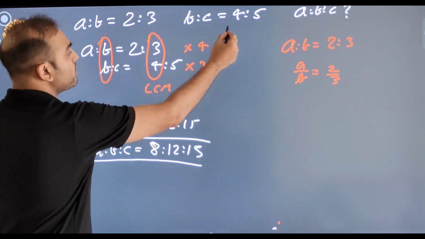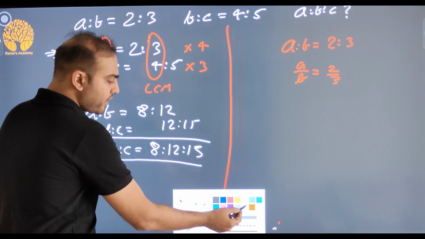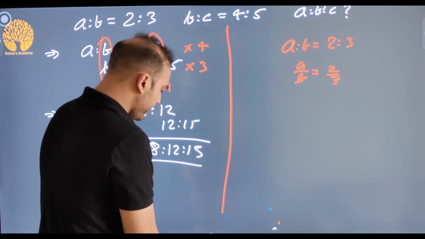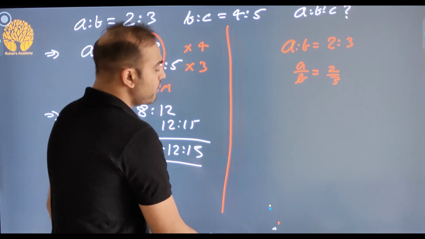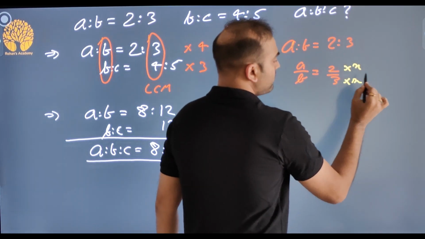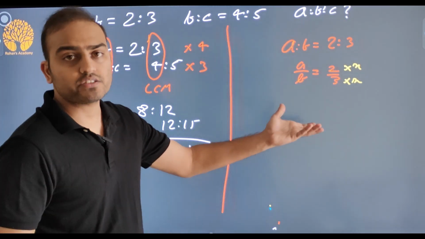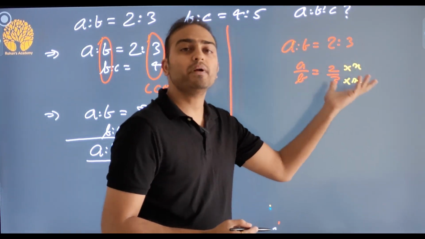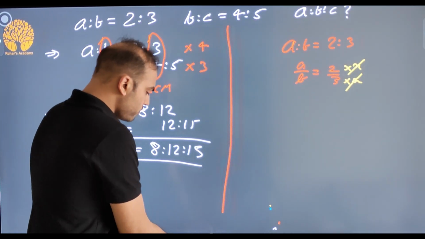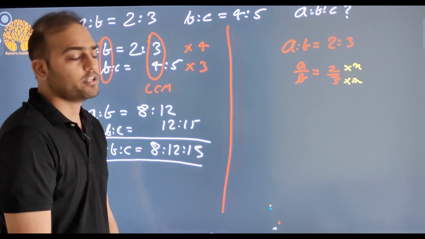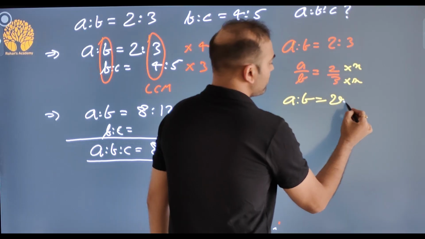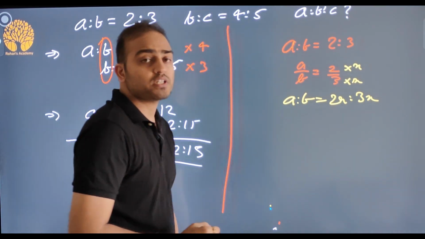Now, when I multiply or divide a ratio by a common number, say x, the ratio does not change, because numerator and denominator have been multiplied by the same number, which can simply cancel out. So when you multiply or divide a ratio by the same number, the ratio does not change.